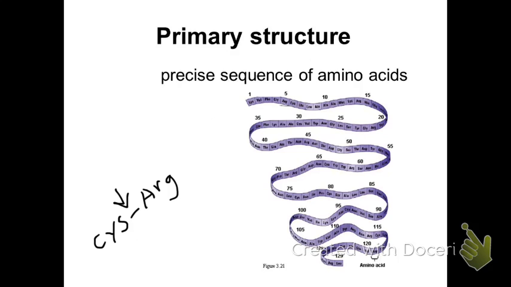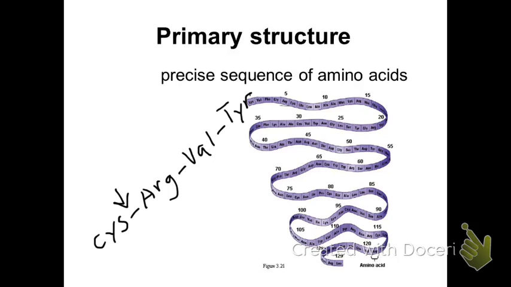And notice I'm using the three-letter abbreviations. And you can get the three-letter abbreviations in your IB data booklet that we went over last time. And remember that we're always going to add the next amino acid to the C terminal end. Always to the C terminal end. So there's valine. And then again at the C terminal end we'll add our next amino acid.